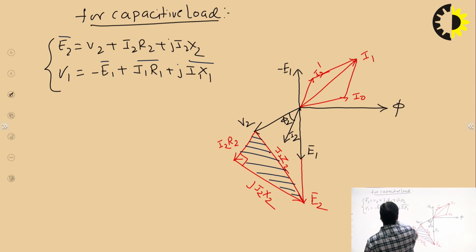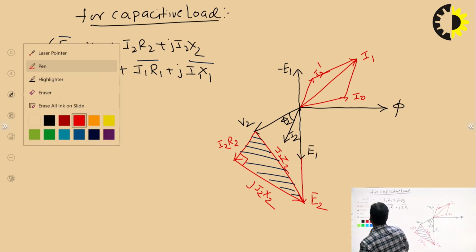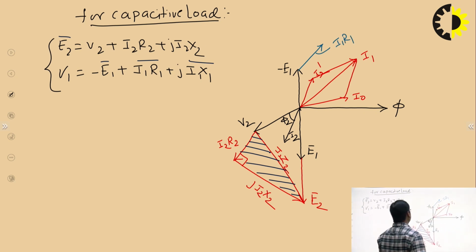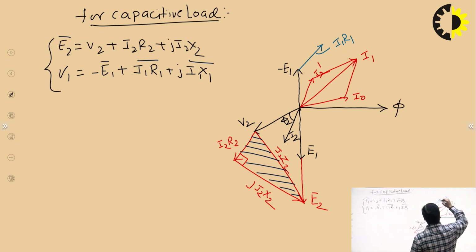Now we have to add this I1 R1 drop, which is in phase with the current. And the I1 X1 drop is 90 degrees to this, so jI1 X1 drop.